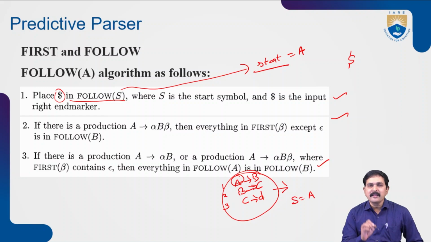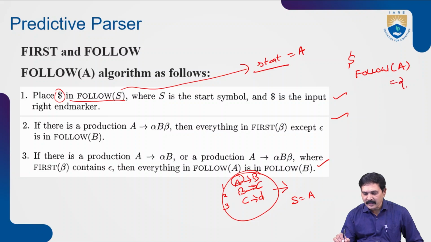In that starting symbol case only, by default you can add the dollar in the case of follow of the particular symbol. I am taking follow of A, and the result is you can include dollar.